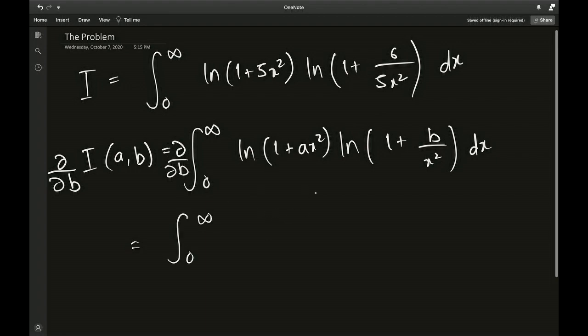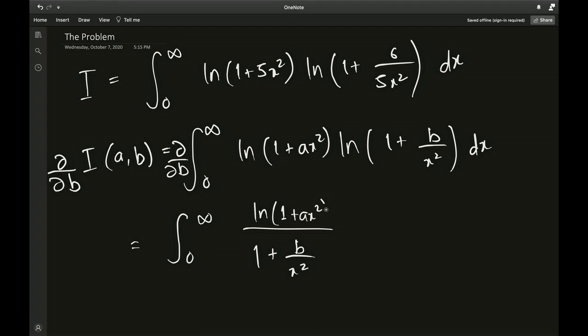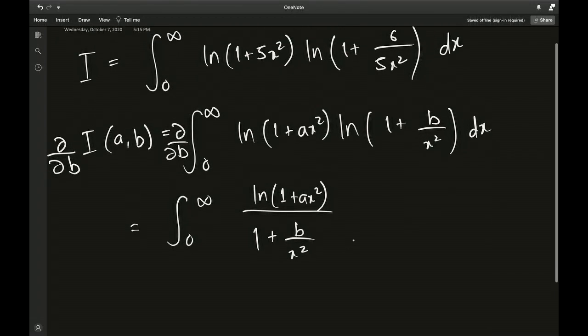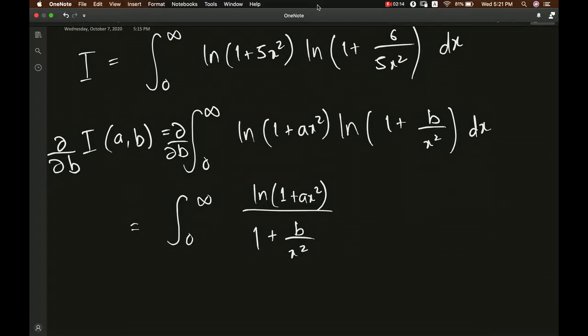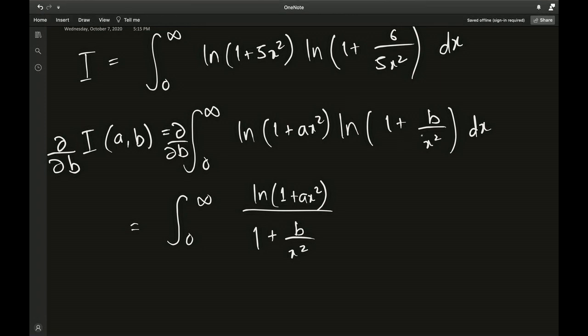I will have 1 plus b over x squared, and the numerator is as it is, and also an x squared term, because we'll have to divide or multiply by the coefficient that is apart from b.